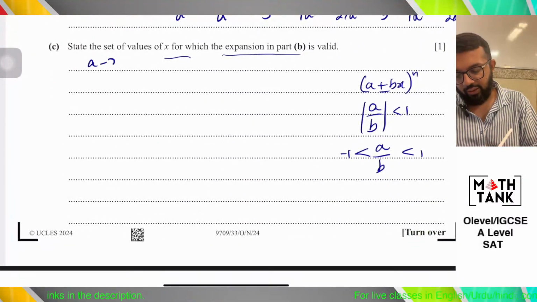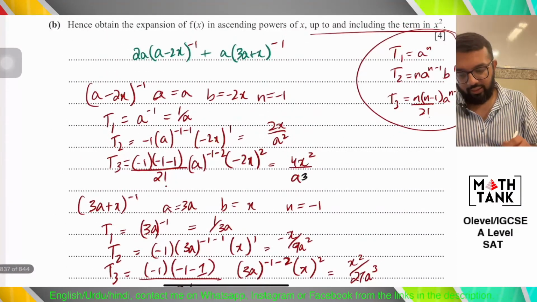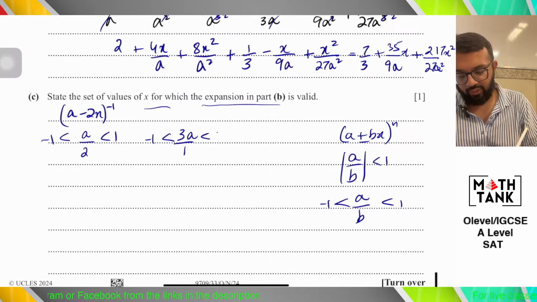It says a minus 2x power minus 1. So this expansion would be valid for a over 2 between 1 and minus 1. And in that case, 3 over 1 should be between minus 1 and 1.